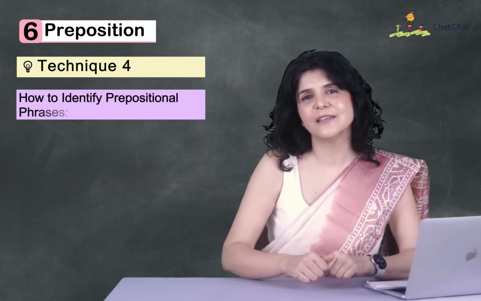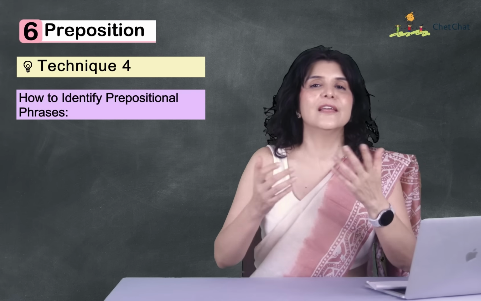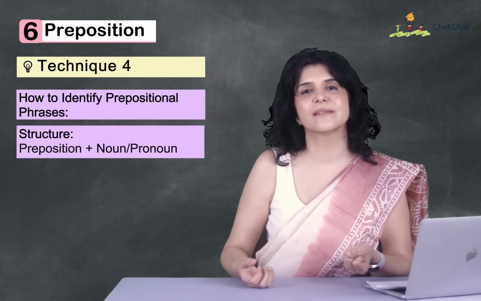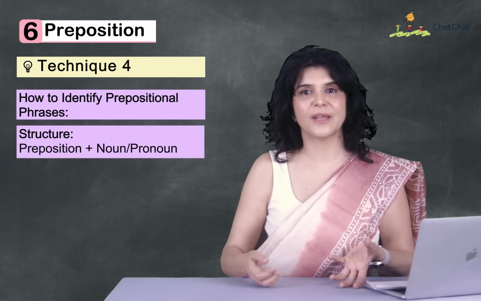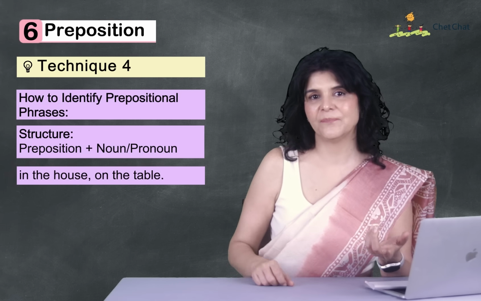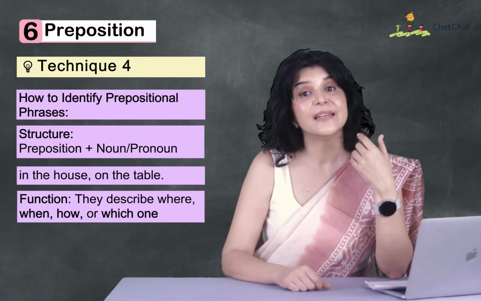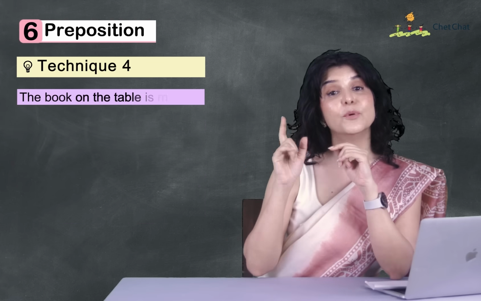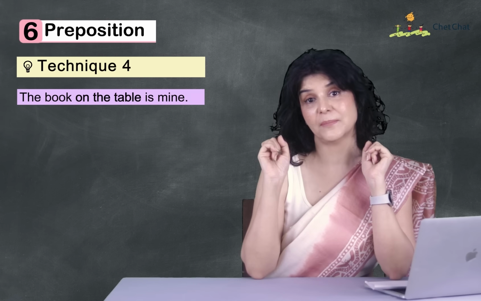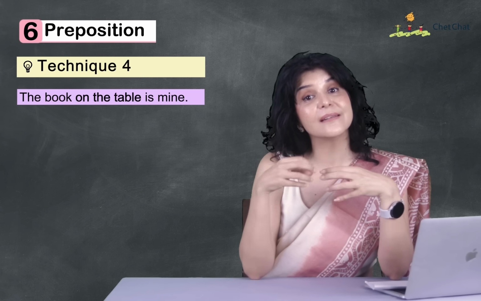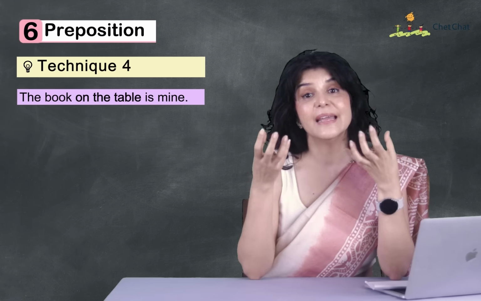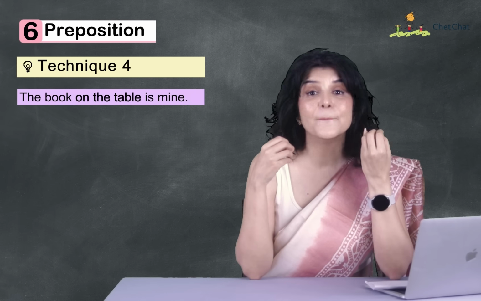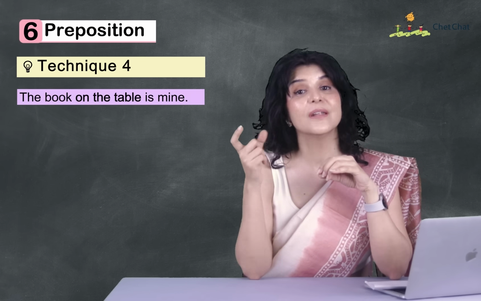So how to identify a prepositional phrase? Their structure is preposition plus the object, like in the house, on the table. What is their function? They describe when, where and how, or which one. The book on the table is mine. On the table is a prepositional phrase. It has a preposition, on, plus the noun, table.